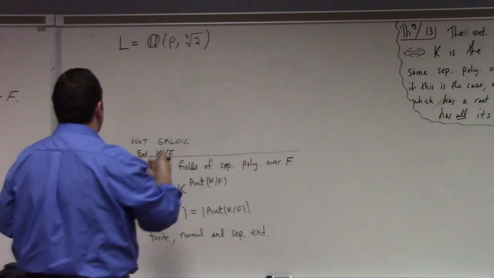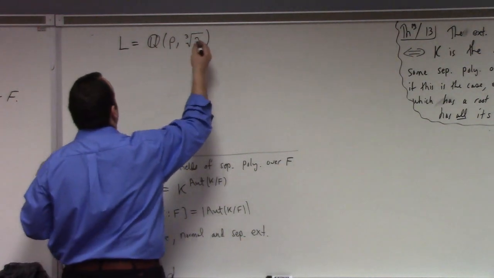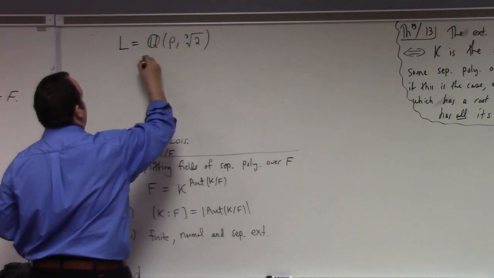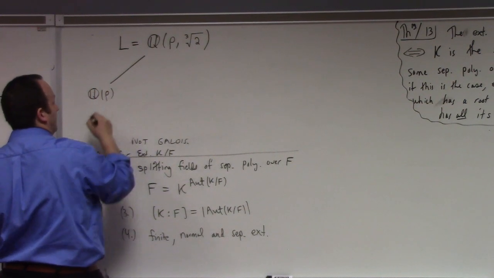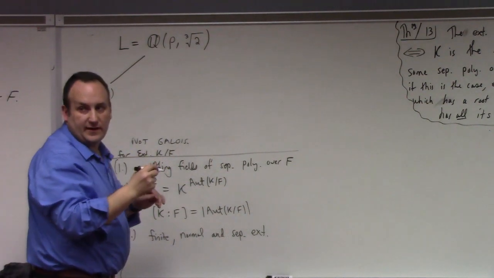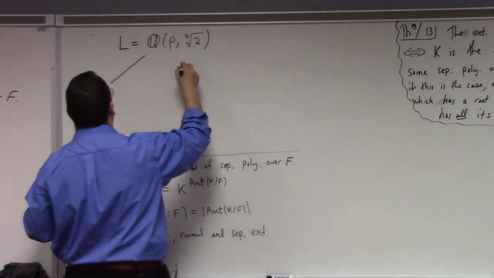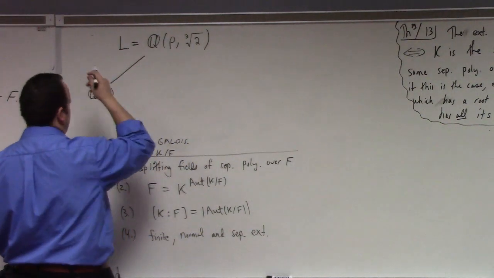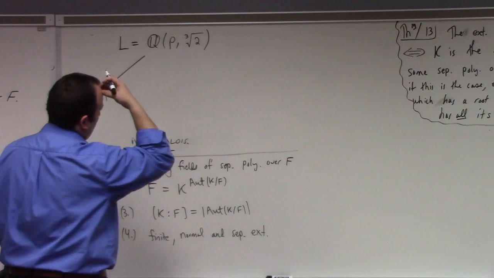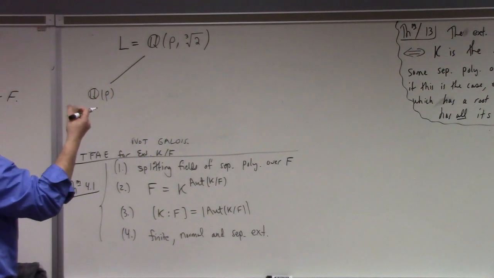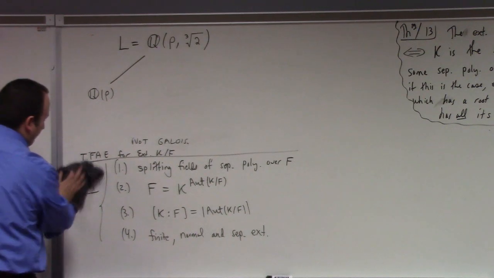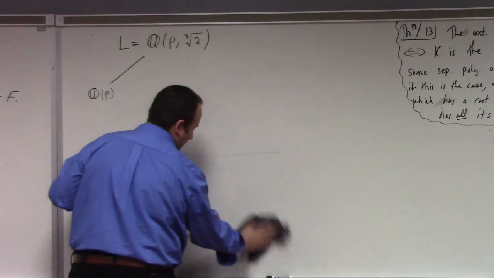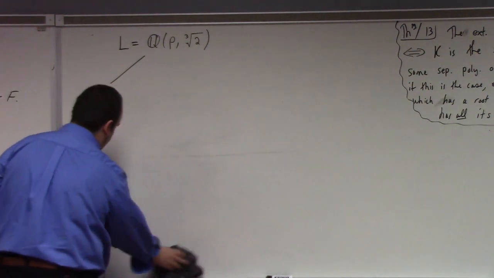And that has various subfields, right? One of the subfields it has was Q adjoin rho, right? And then it also had, what were the other two? That one itself is degree 2 over Q, right?